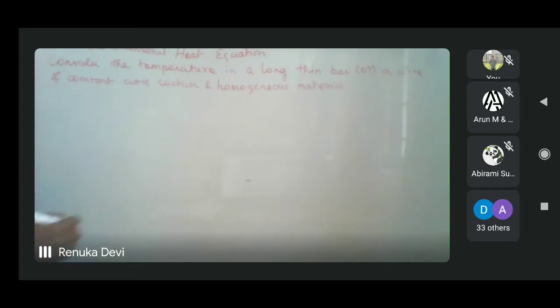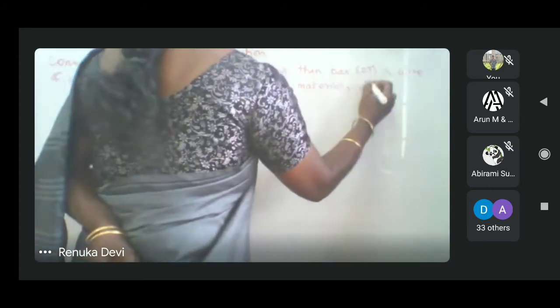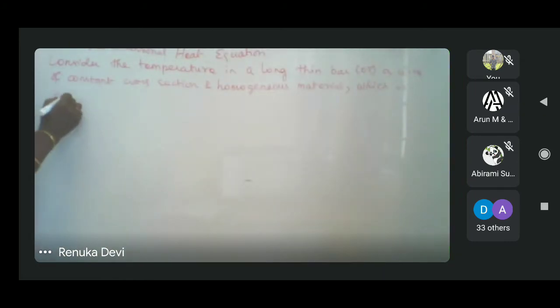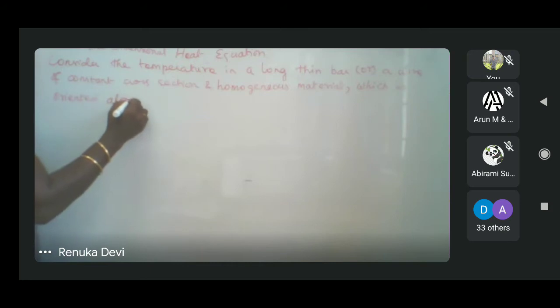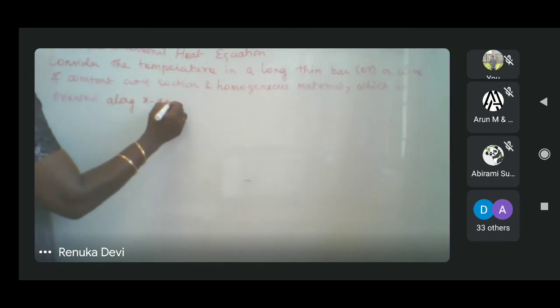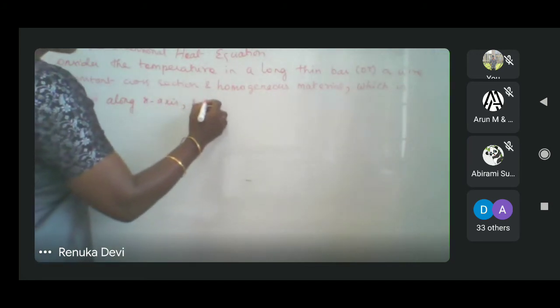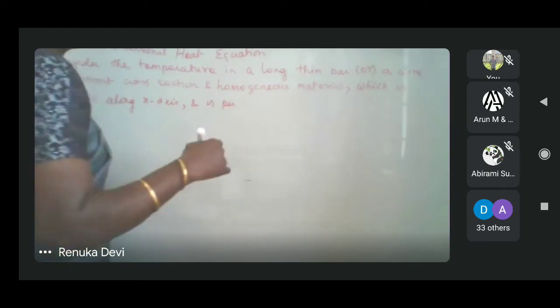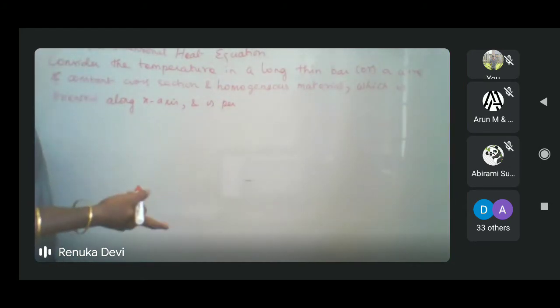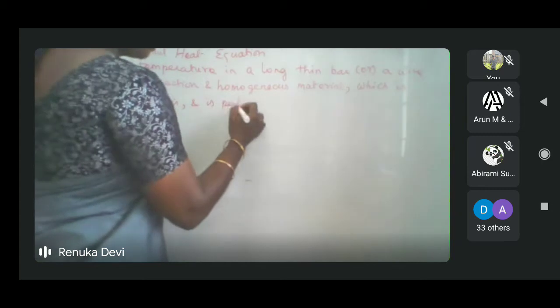Which is oriented along the x-axis, and is perfectly insulated. That is, heat will not go outside. That is the reason: perfectly insulated.